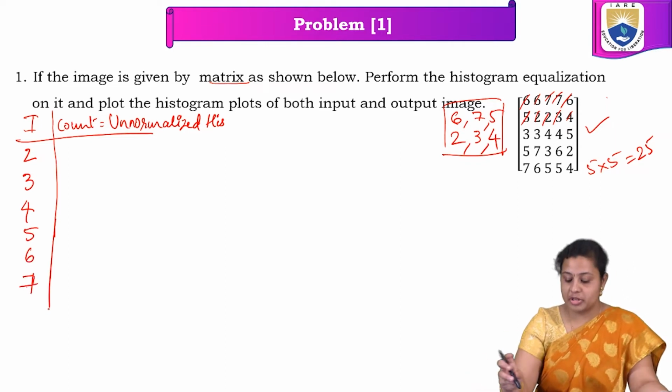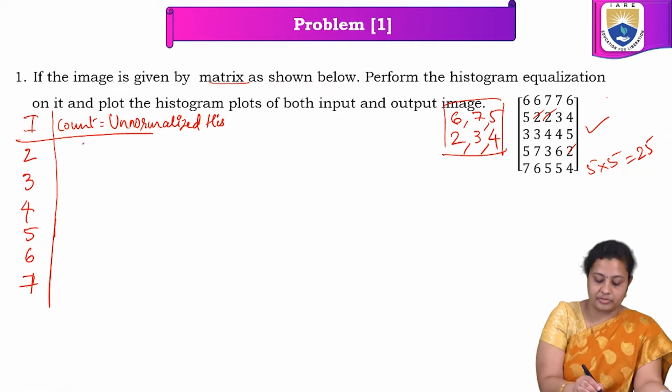How many pixels have the intensity value 2? Let's count: 1, 2, 3, so we have 3.